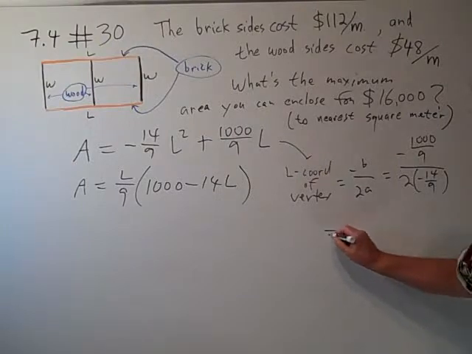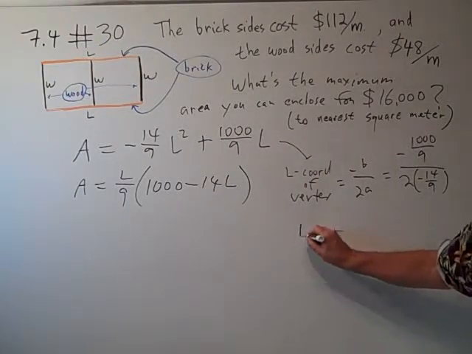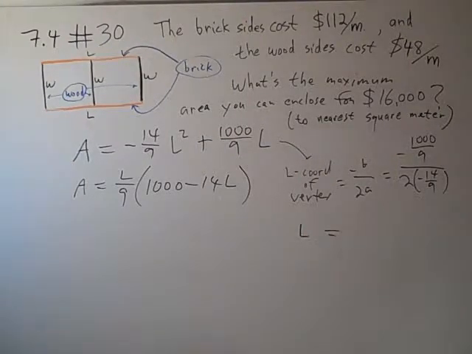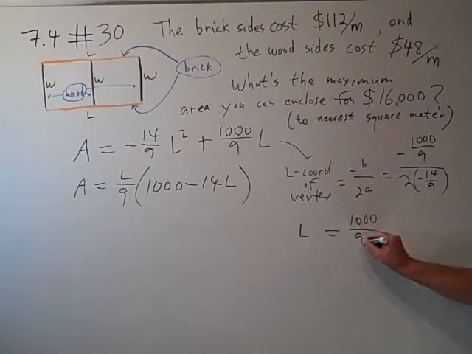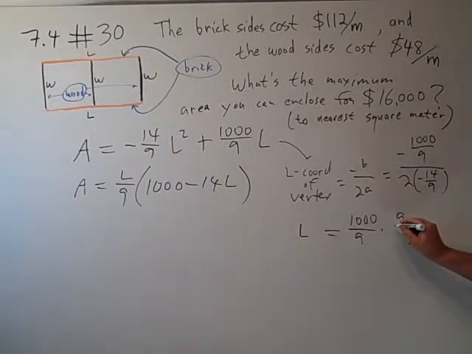So in other words, this L coordinate of the vertex, that's the value of L that will yield the maximum area, is equal to, the negatives cancel, and negative divided by negative is a positive, and 2 times 14 is 28. So this is 1,000 divided by 9 times, the reciprocal of the denominator is 9 over 28.